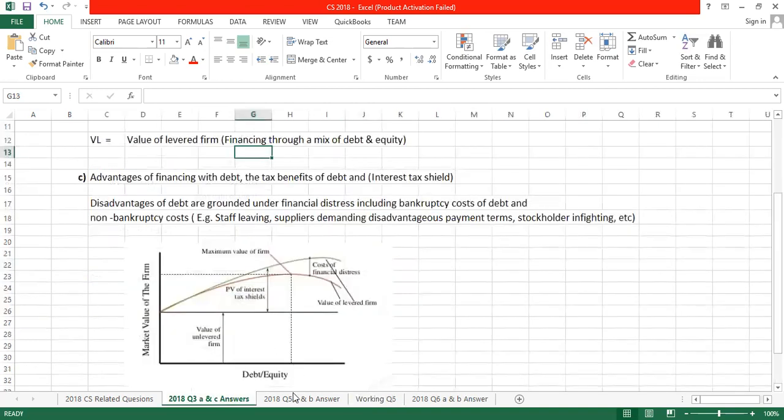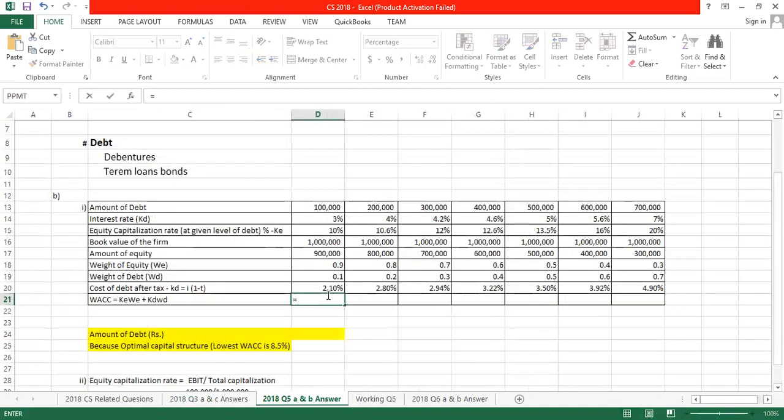See the answer: open the bracket, cost of equity is 10% multiplied by weight of equity, close the bracket, then plus, open the bracket, cost of debt after tax is 2.1 multiplied by weight of debt, close the bracket, enter. So 9.21 is the weighted average cost of capital in the first option. Then we can drag.